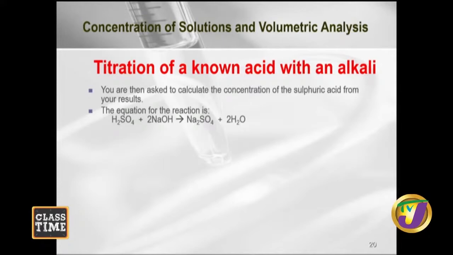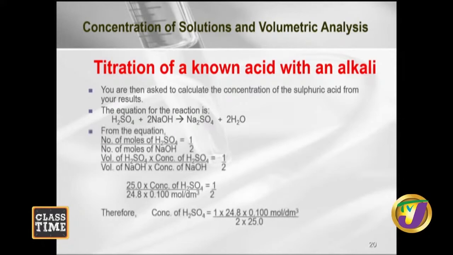And we need to use the mole ratio in the equation to help us with our calculation. So here, it is saying that we need 1 mole of sulfuric acid to react with 2 moles of sodium hydroxide. All right? So here, which one was our standard again? Yes, that's sodium hydroxide.